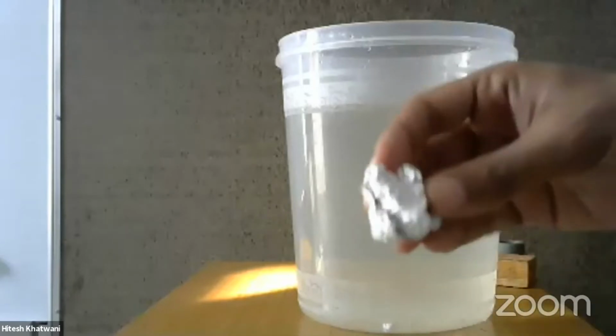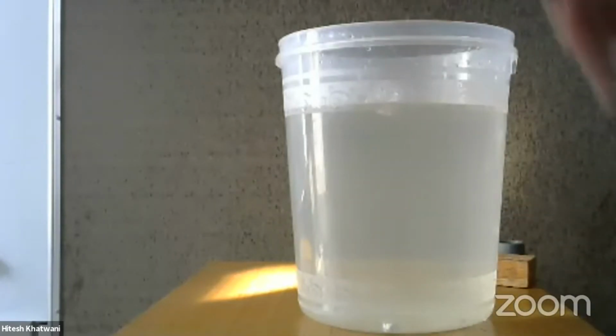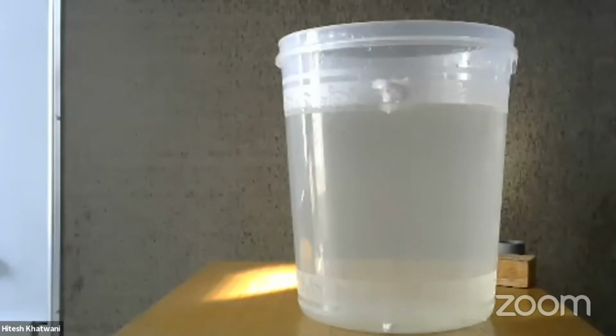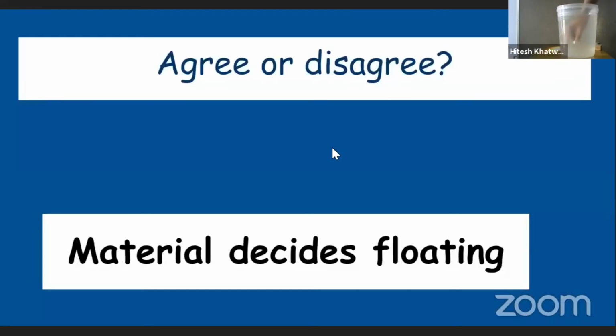There goes the tight one, and here floats the loose one. So people have started coming with density and volume. Yes, friends, we'll come to all of this very soon. Clearly, material is not the only thing deciding sinking, floating.